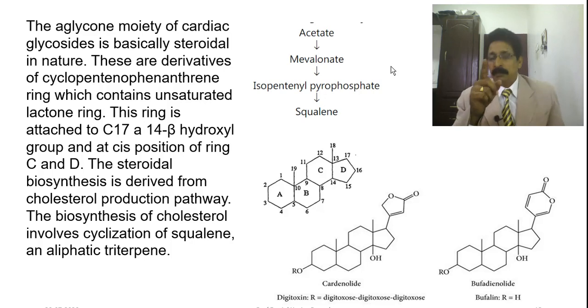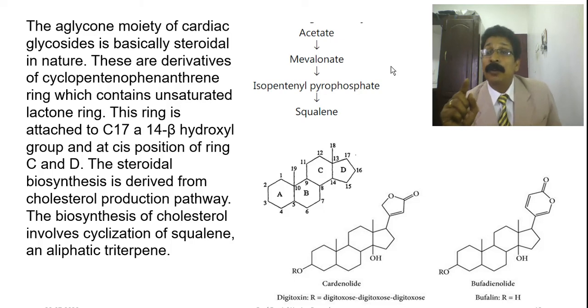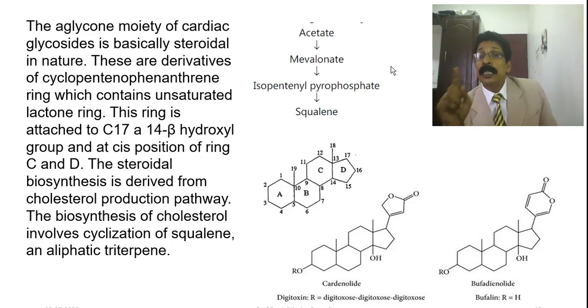Do you remember how squalene is formed? Acetate will join with another acetate molecule to give acetoacetyl-CoA, and another acetyl-CoA will join and it will give HMG-CoA. HMG-CoA is converted into mevalonate.